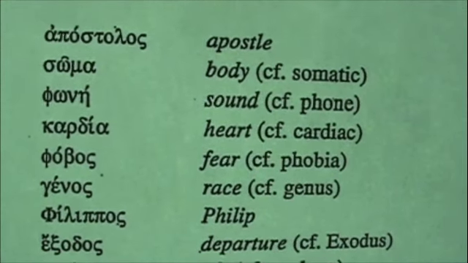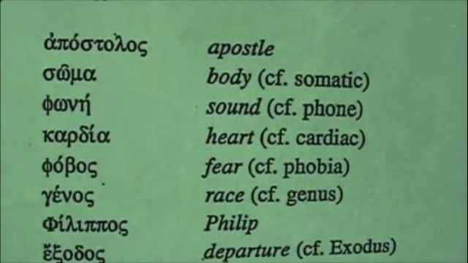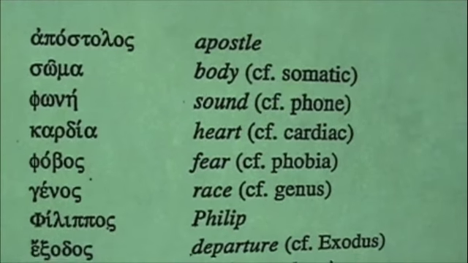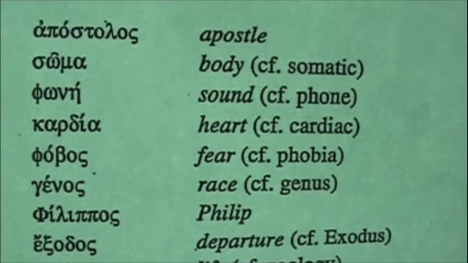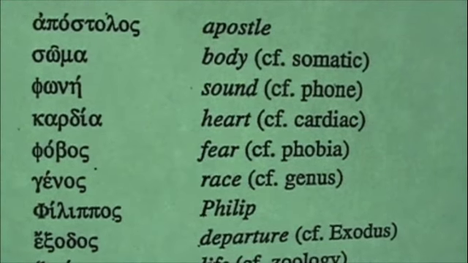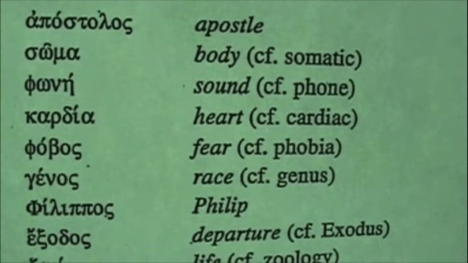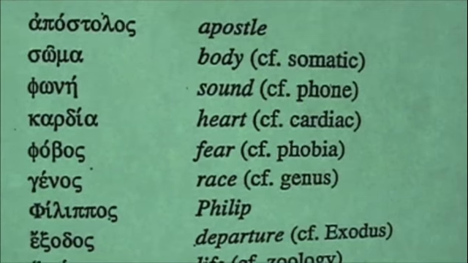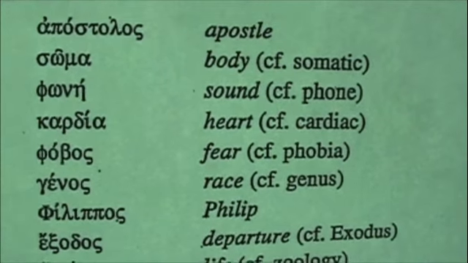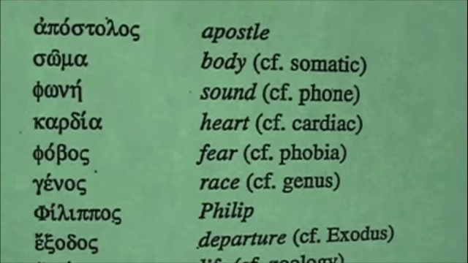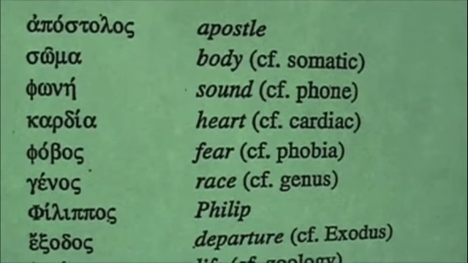Everybody pronounce that. Phone. Phone is the Greek word from which we get the English word sound. Phonetic. You're going to be surprised at how many English words come straight from the Greek.